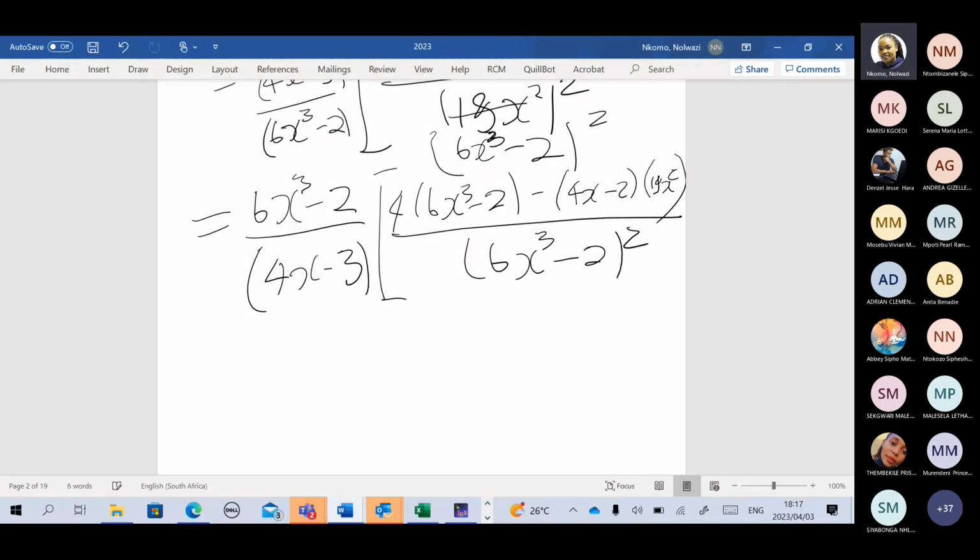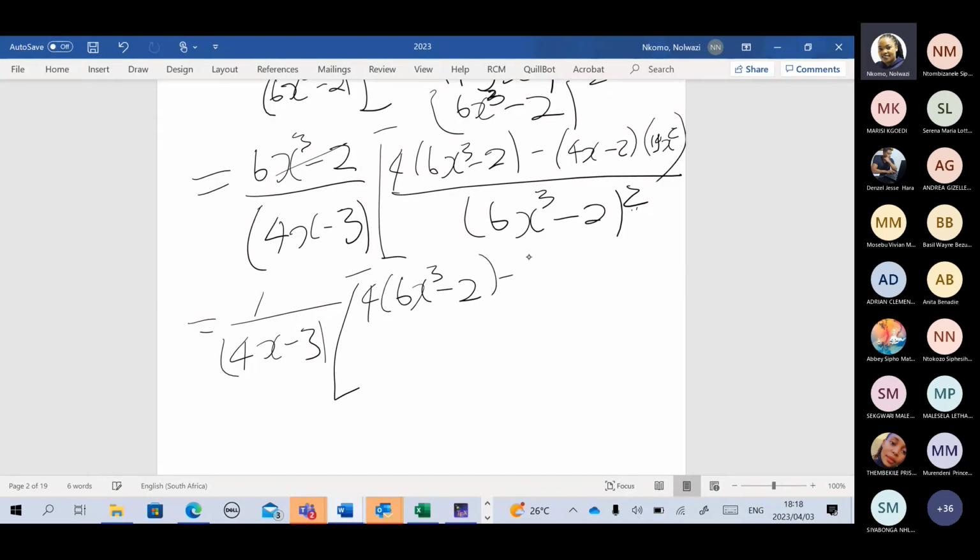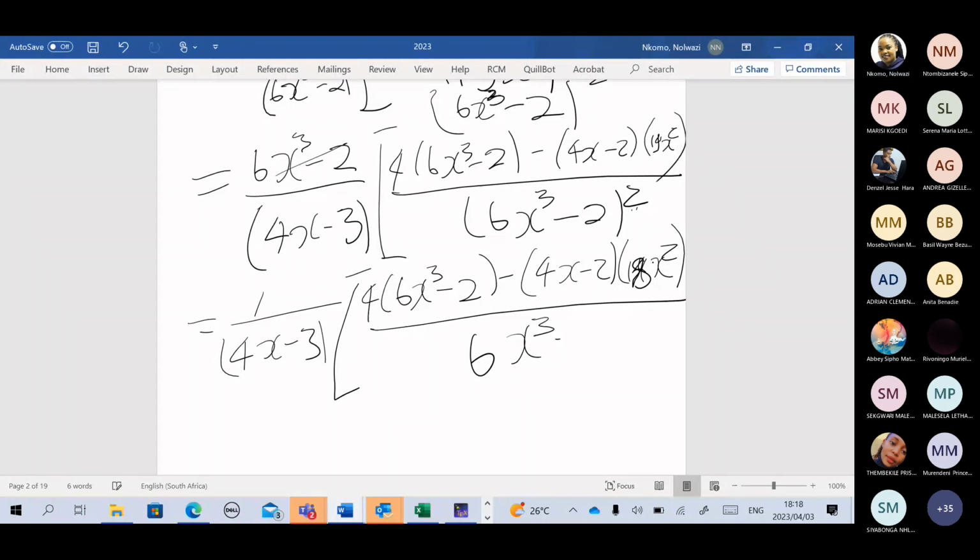And if you cancel one factor of 6x cubed minus 2, you will have 1 over 4x minus 3 into 4 times 6x cubed minus 2 minus 4x minus 3 into 18x squared over 6x cubed minus 2.